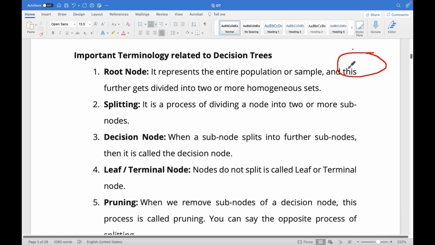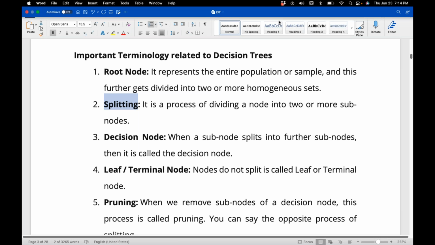So this indicates the entire population, which is divided into two or more groups. They may be homogeneous or heterogeneous, meaning different types of nodes. Splitting means the process of dividing a node into other nodes.